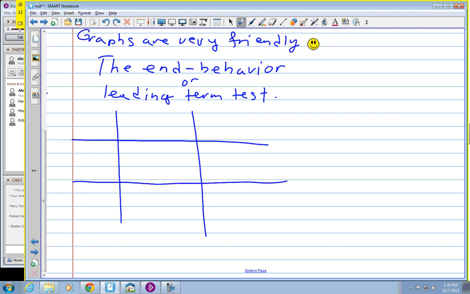Here I'm going to say n is even, n is odd, and here I'm going to say the leading coefficient is positive and the leading coefficient is negative. So just those two things will help us to determine what the shape of the graph is going to look like. I'll give you a second till you write that down.